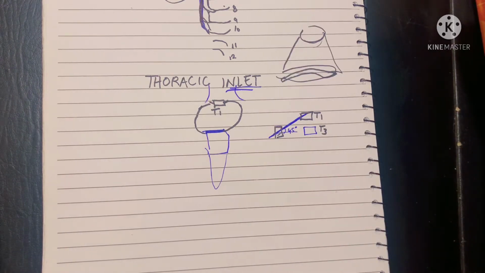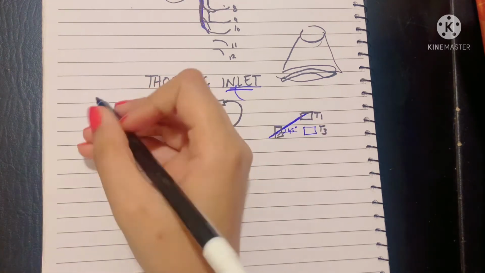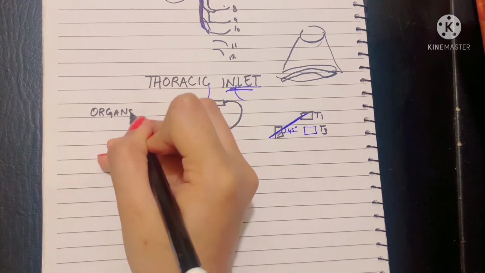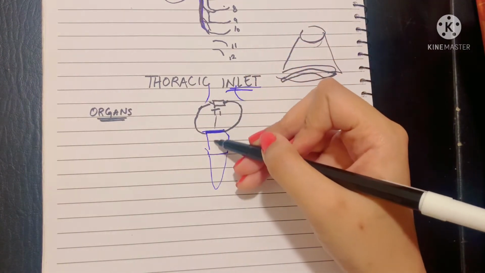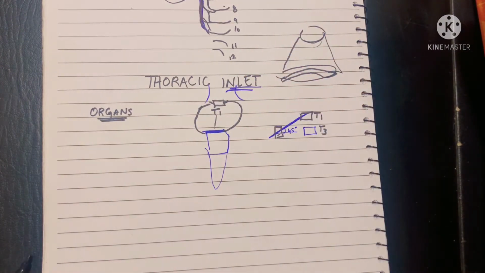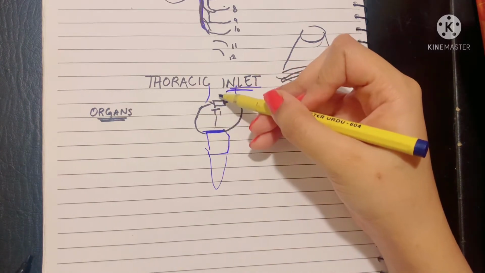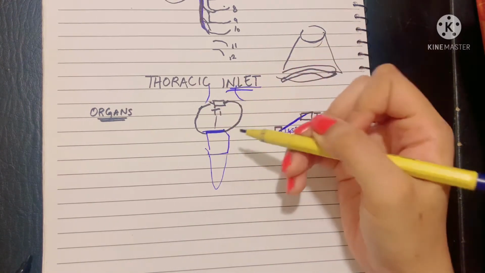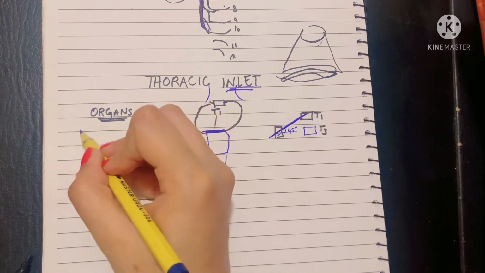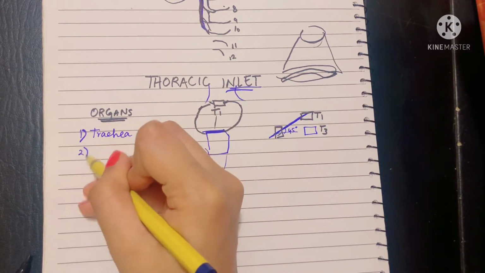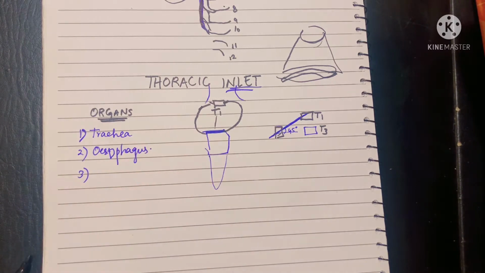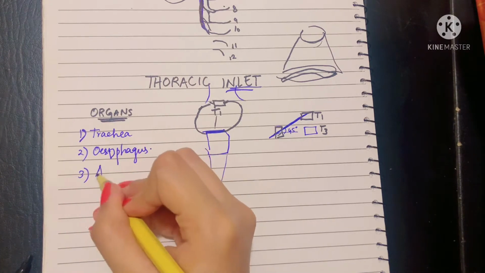What are the various structures that pass through the thoracic inlet? First, let's talk about the organs. The organs consist of the organ that passes from the neck and goes inside to connect to the stomach, and the organ that passes from the neck and goes down to connect with the lungs. So these are the esophagus and the trachea. Moving on, we have another important organ: the apices of the lungs.